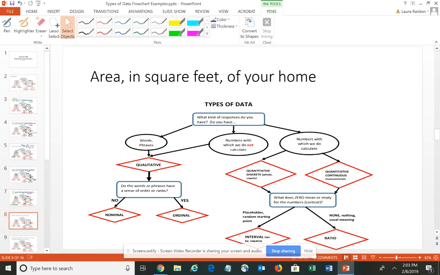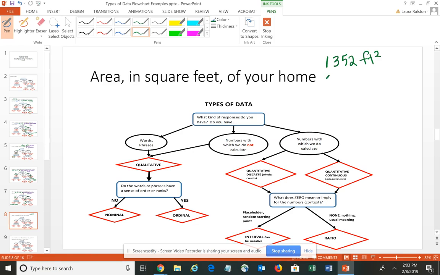Right, next, the area in square feet of your home. If I were to say to you, what is the square footage of your home, you've got to think about what you might get. For example, someone might say the square footage of my home is 1,352 square feet.